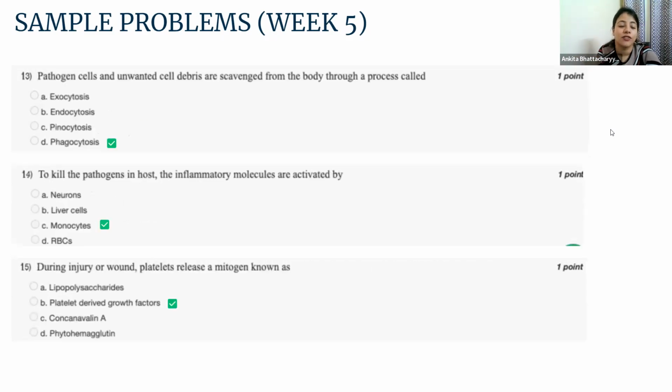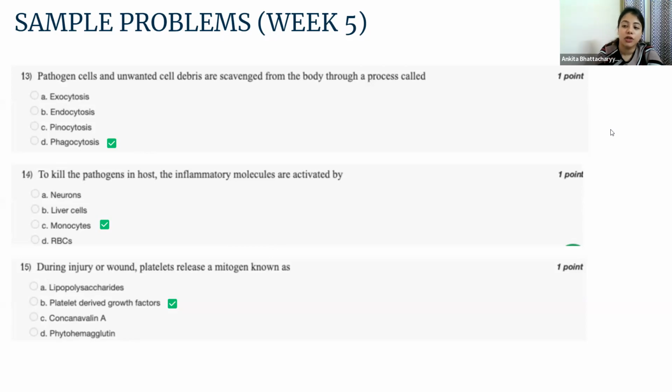Then coming to question 13. Pathogen cells and unwanted cell debris are scavenged or removed from the body through a process known as exocytosis, endocytosis, pinocytosis, or phagocytosis. We have already discussed this in our previous class that endocytosis is the process of taking something into the cell, right?